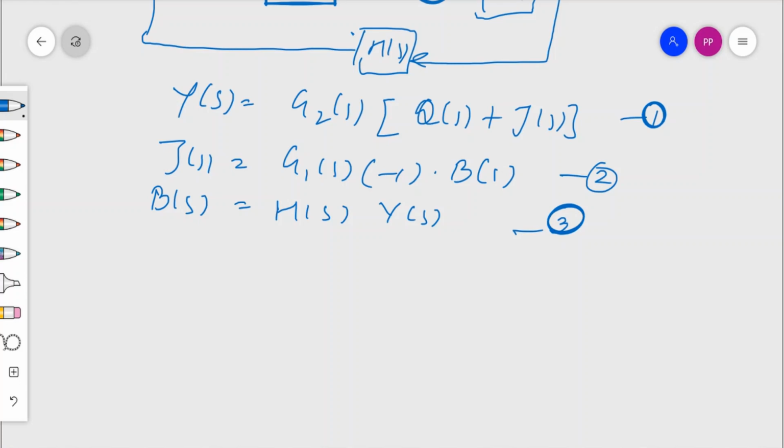Again we have to eliminate BS, from equations 2 and 3.